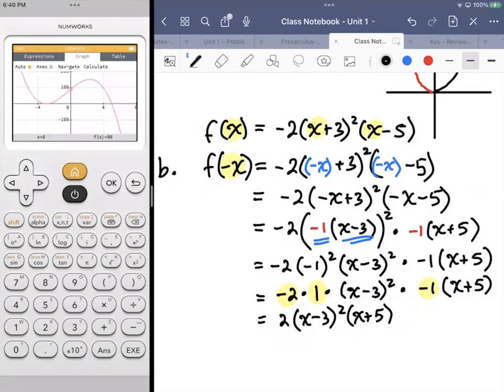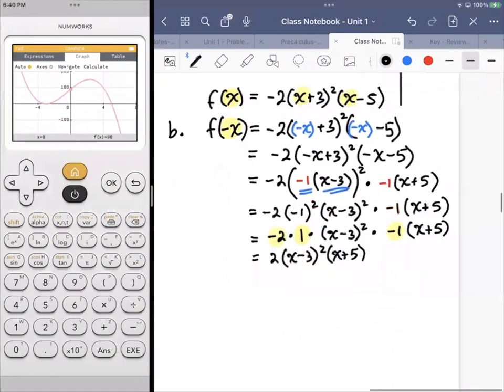So if I find any point on one part of it and flip it through the origin, will I be able to find another part? And sometimes it's easy to see and sometimes it's not. I think in this case, it's a little easier to see that you're not going to be able to reflect through the origin and get a point that corresponds to the one that you're reflecting. All right, so this one has no symmetry.